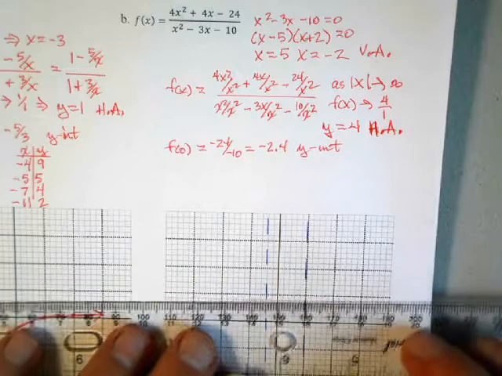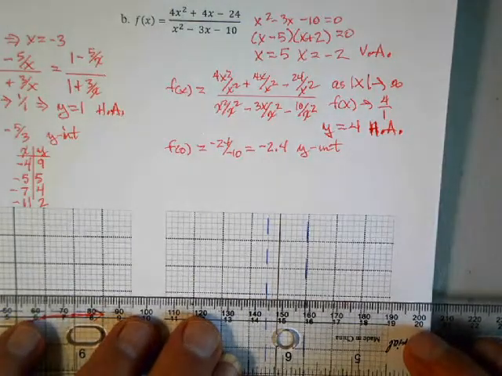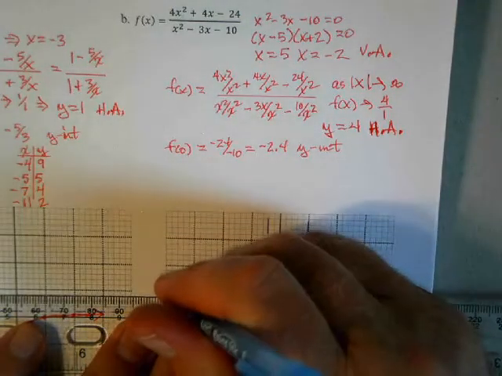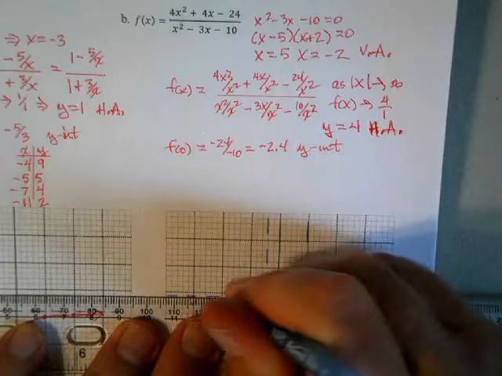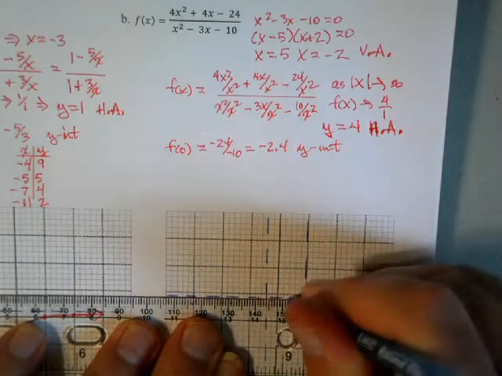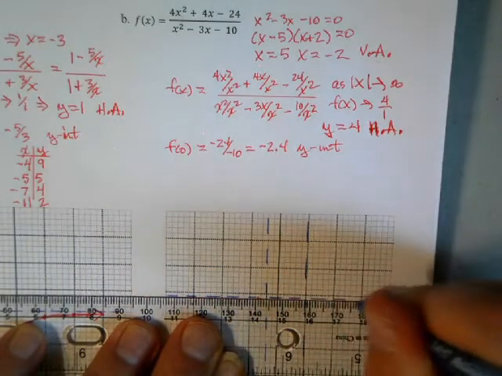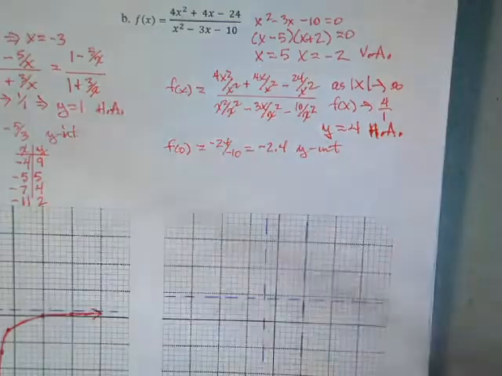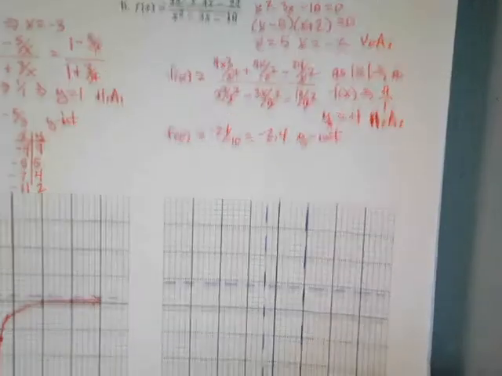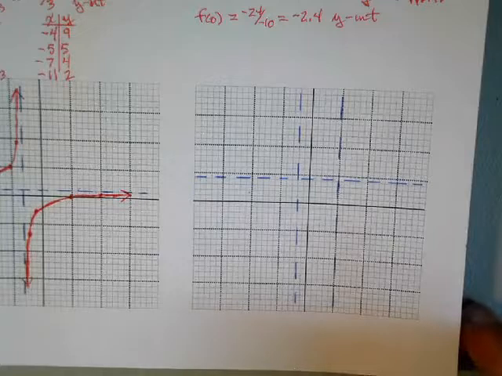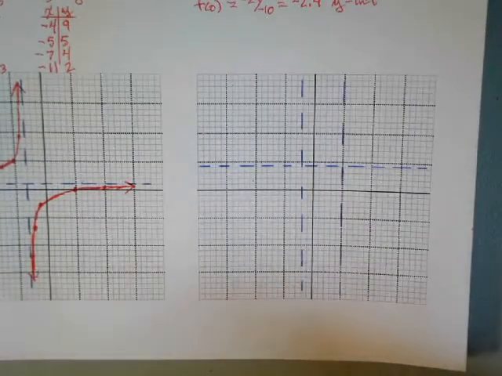So these are the lines my graph won't cross at certain portions. And you'll see how this works in just a moment. So let's go ahead and do some points.